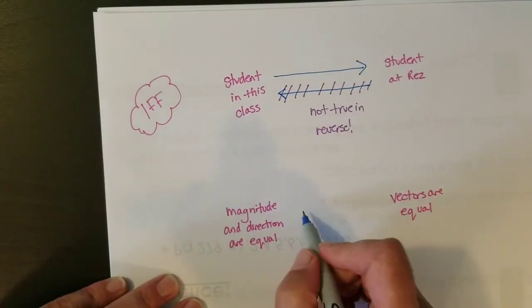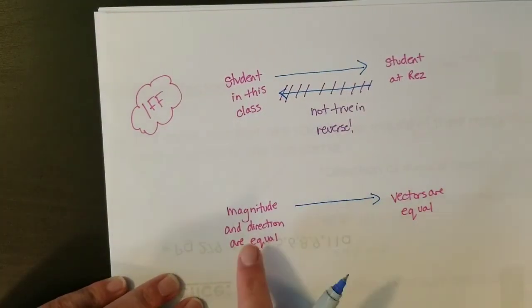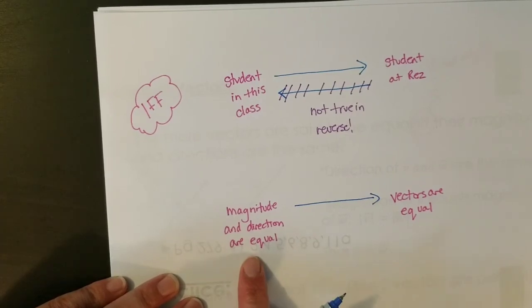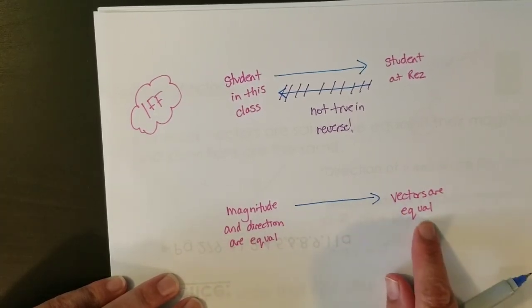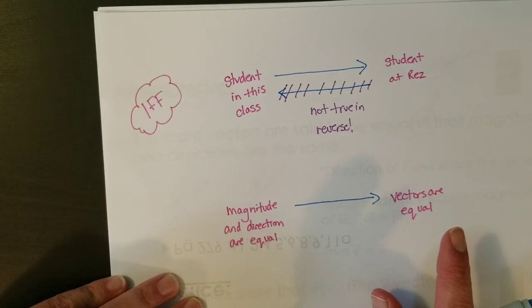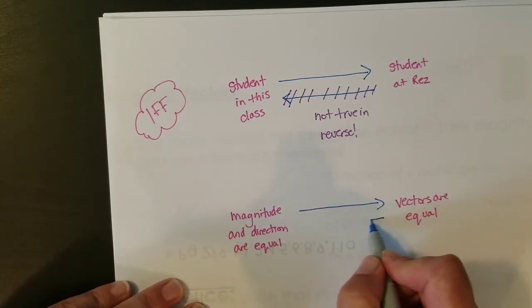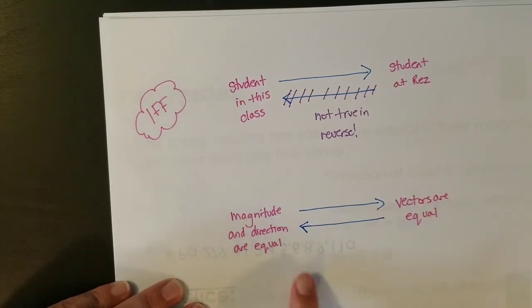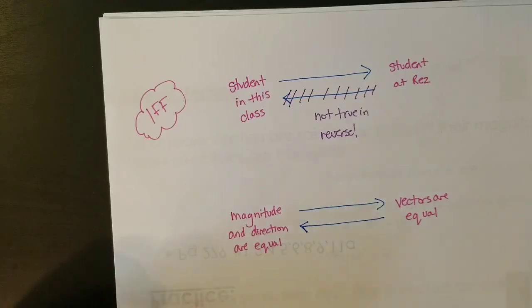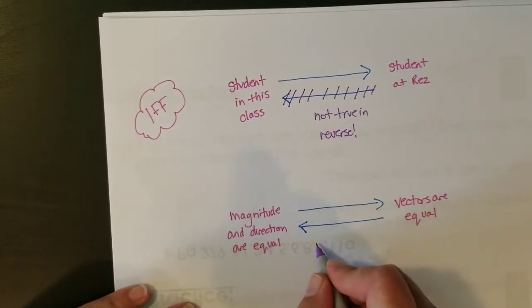This is true in both directions. So if you have two vectors with equal magnitude and equal direction, you know that those are equal vectors. Also, if somebody tells you vector u equals vector v, you know that they must have equal magnitude and equal direction. So this is true in both directions.